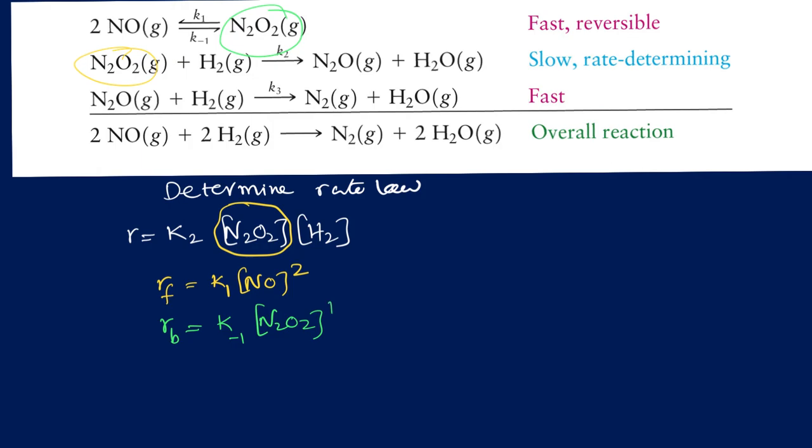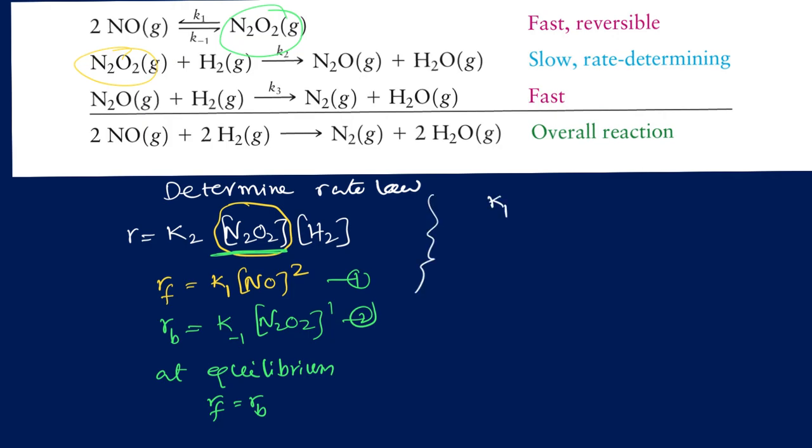Now we want N2O2, therefore at equilibrium the rate of forward is equal to the rate of backward. So equation 1, equation 2, rate of forward and rate of backward are equal.